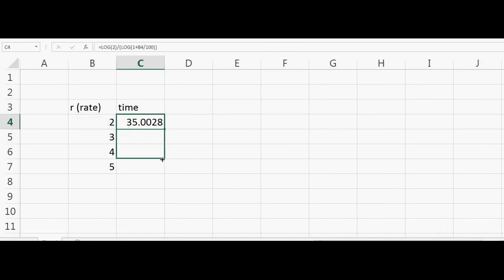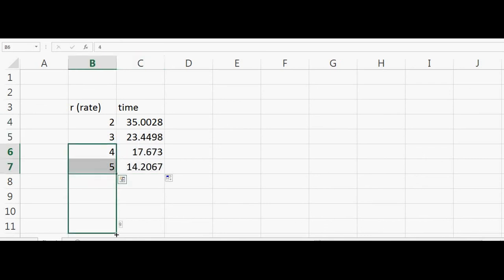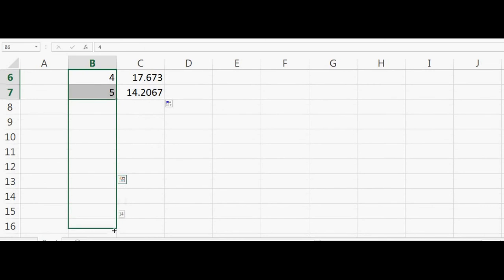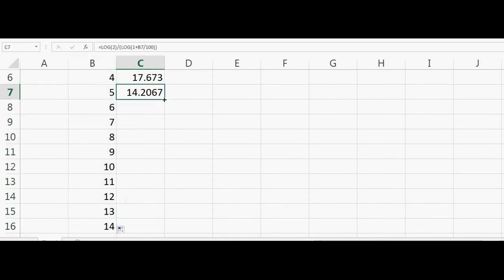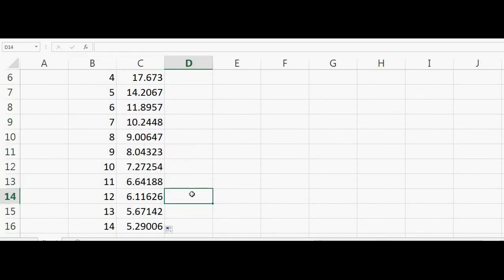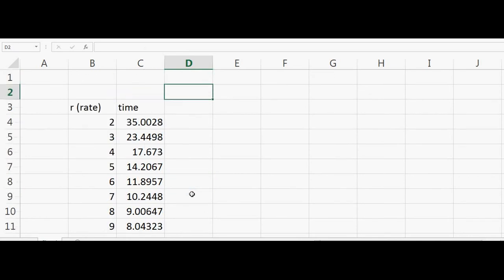We can keep doing this, and we can also generate a table for all the r's and these numbers. Now if you look here, if you multiply time with r, that will be equal to 2 into 35, so that is 70.0056. This is very close to 72.